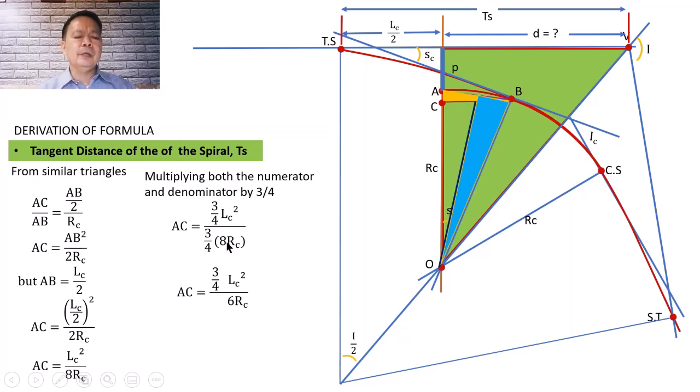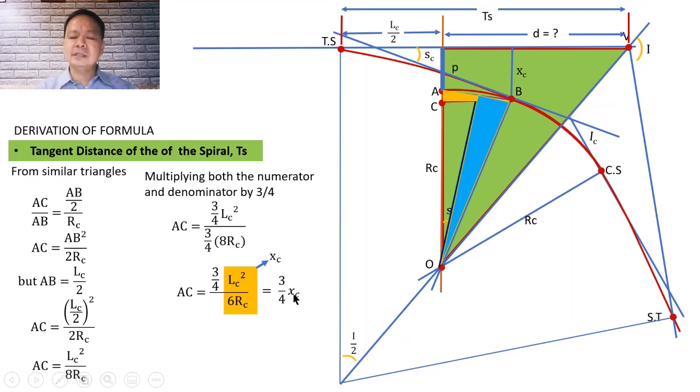Ngayon, may gusto pa akong ipaunawa sa inyo at ipapansin that this term, itong product ng LC squared over 6RC, ay equal sa X sub C. Kaya kung papalitan natin siya ng X sub C, ang ating AC ngayon will become equal to 3/4 of X sub C. Na mga katwid, if this AC is 3/4 of X sub C, and knowing that AC and P is equal to this distance na kung saan siya yung X sub C, therefore, we can compute for the value of P as the difference between X sub C minus AC.